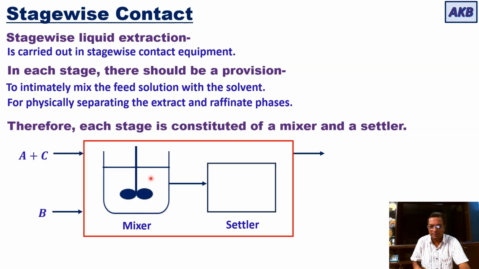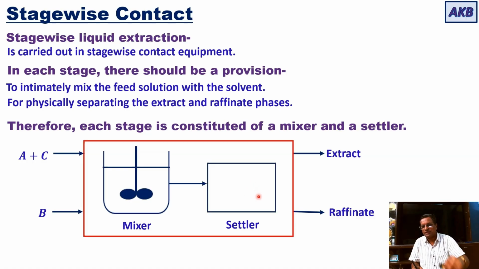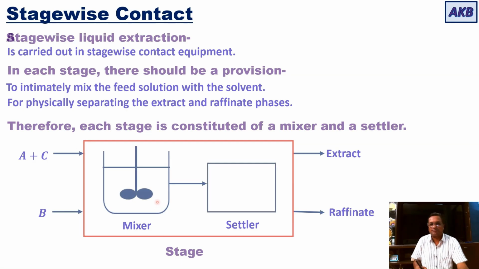The resulting mixture will be transferred to the settler, where it will settle into two layers, the extract layer and the raffinate layer. After the mixture settles into extract and raffinate phases, the two phases are physically separated. So there is provision for mixing, and also provision for physical separation of raffinate and extract. This combination forms one stage.